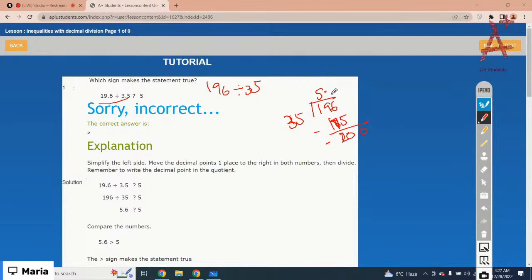So you can go for 5. 35 times 6 is 210. We can go for 35 times 5. It would be 175 and you are left with 25.